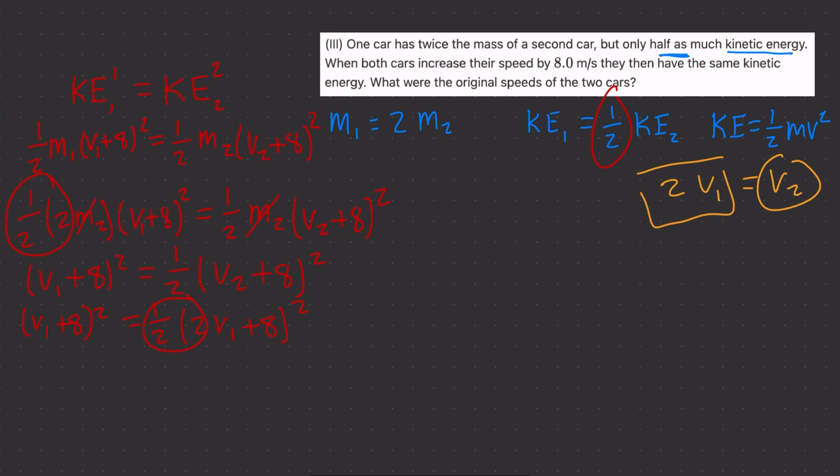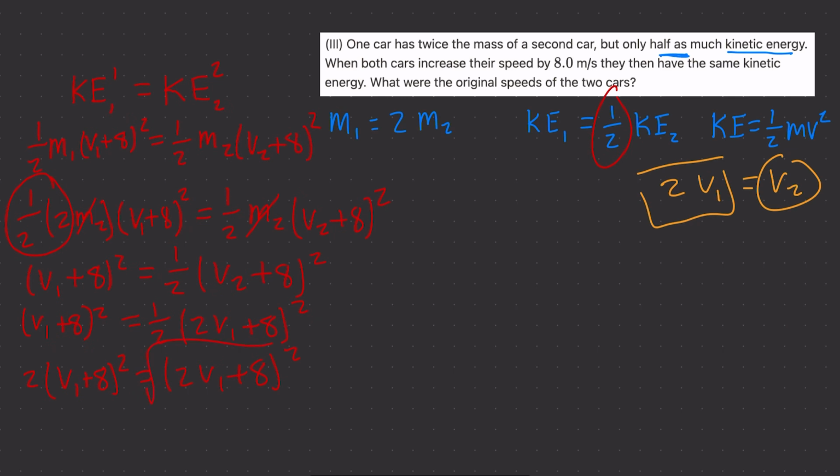I'm going to multiply both sides by 2. That's going to give me 2 times V1 plus 8 squared is equal to 2V1 plus 8 squared. And from this point, I'm going to take the square root of both sides.